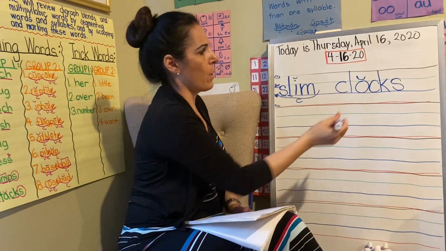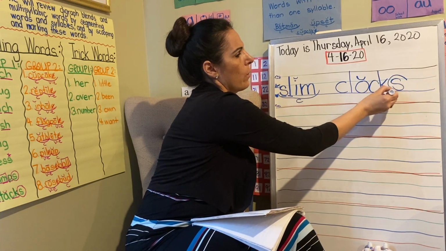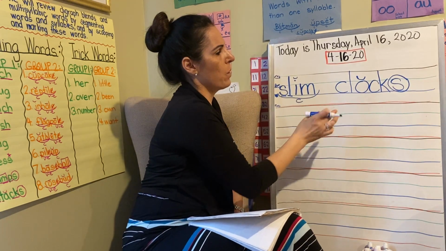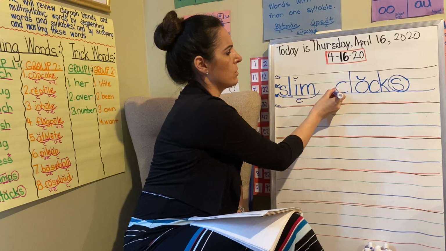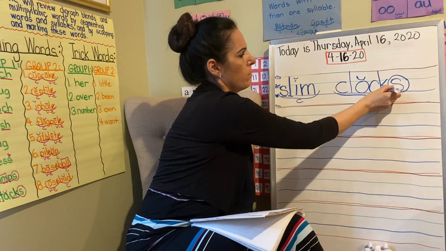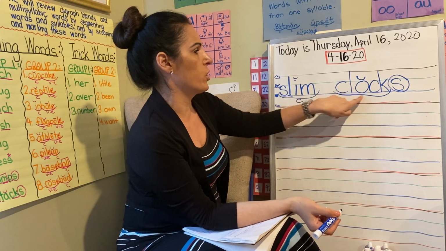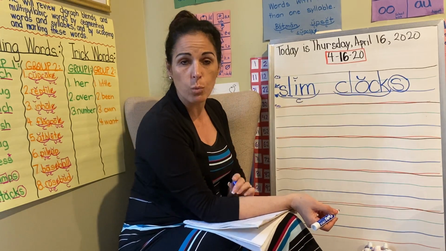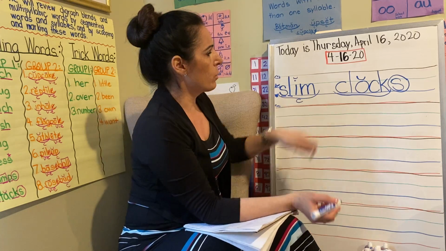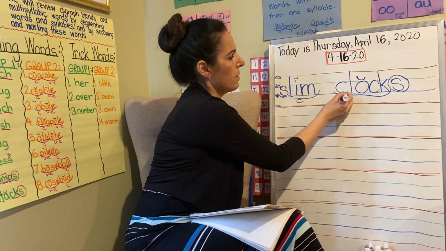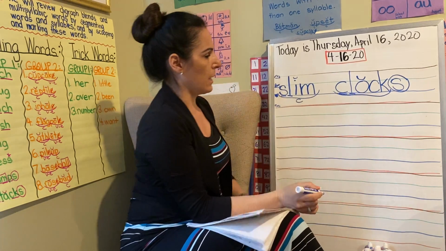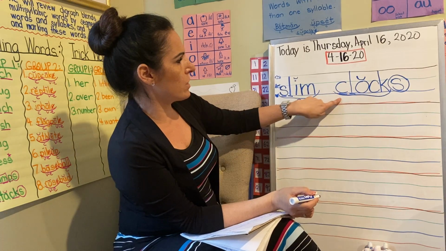S is the suffix. So I know the suffix always gets a circle. And when we scoop the word, we do not scoop the suffix in the word because it's a suffix. It changes the meaning of the word. Instead of just clock, it becomes more than one clock. It becomes clocks. So we underline the C and the L separately because they each keep their sound.